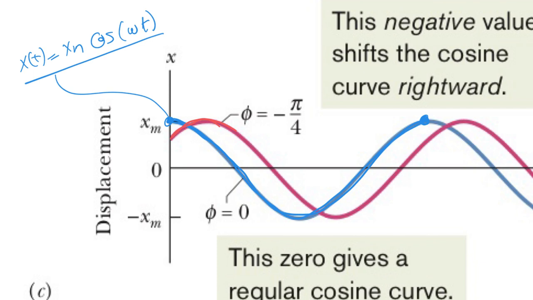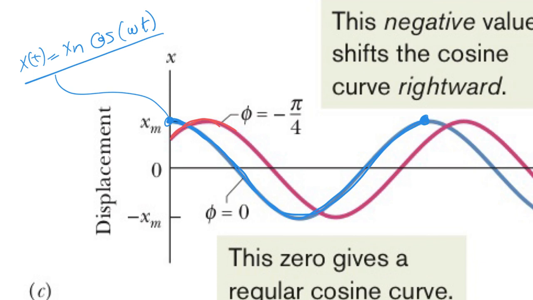So you can imagine that the regular cosine, which is the blue, for example, like here, and when we add in the argument minus pi over 4, this term will shift the cosine function to the right.